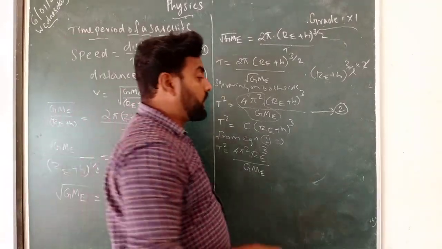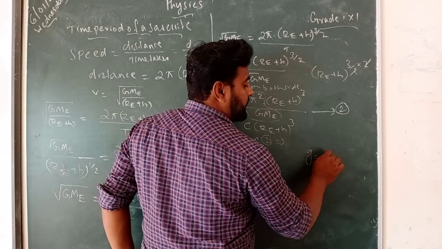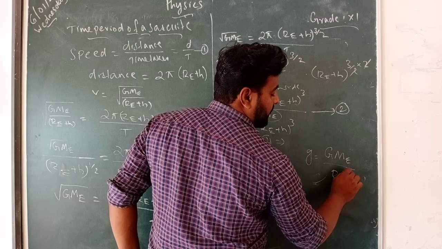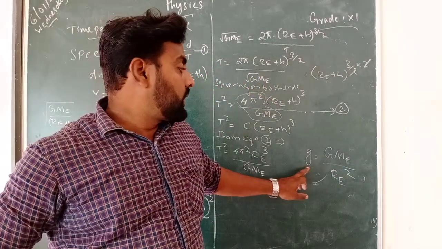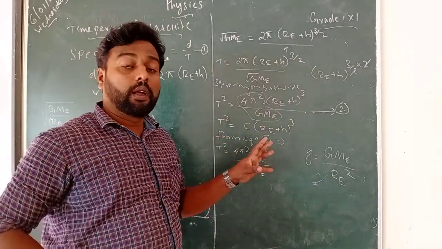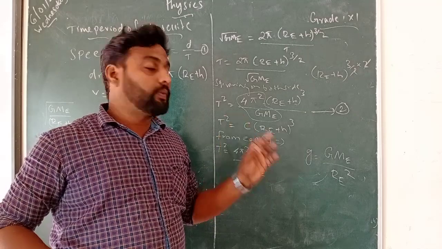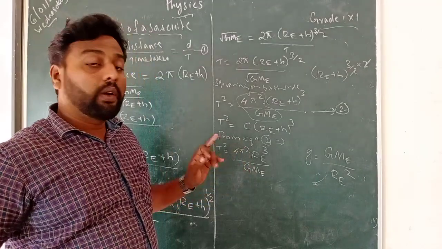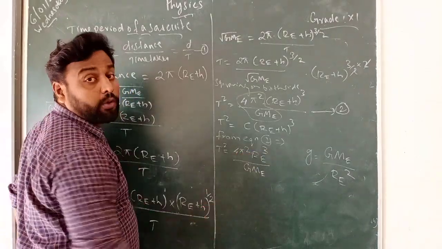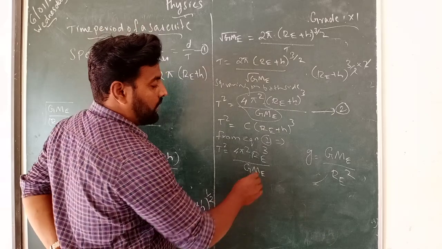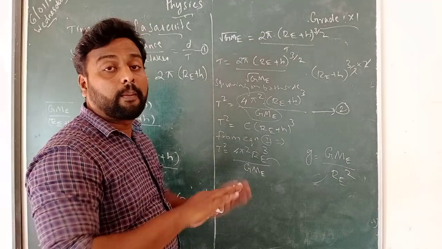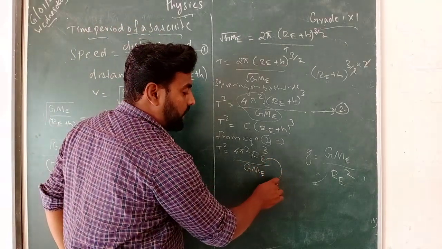Now we know that g is equal to GM_e by R_e square. Time period we are finding in terms of this gravitational force. So you have to take this R_e cube, split it as R_e into R_e square, and take the R_e square down.